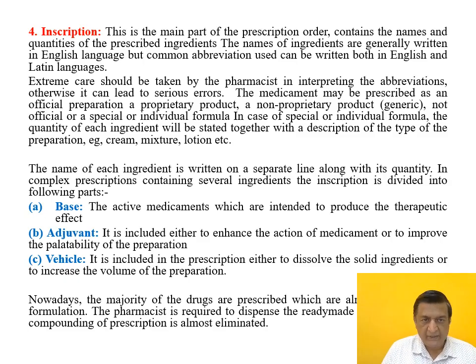So next, coming to inscription. This is also called the heart of the prescription, and this is the main part of the prescription order, containing the name and quantities of prescribed ingredients. Names of the ingredients are generally written in English language, but common abbreviations can be written in both English and Latin language.